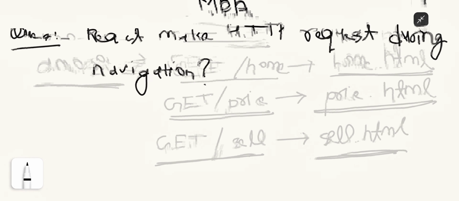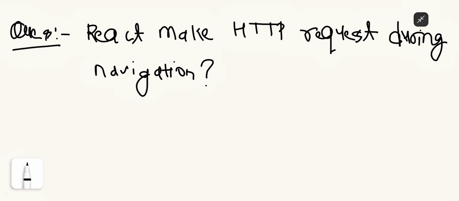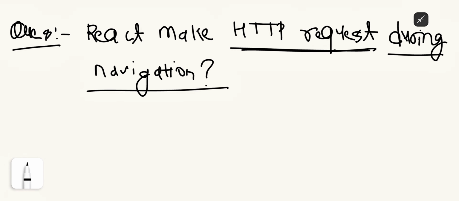Now see a confusing question which may arise many times in interviews too. The question is, does React make HTTP requests during navigation? We have seen that React does not request a new HTML file every time during navigation. But what about the HTTP request?